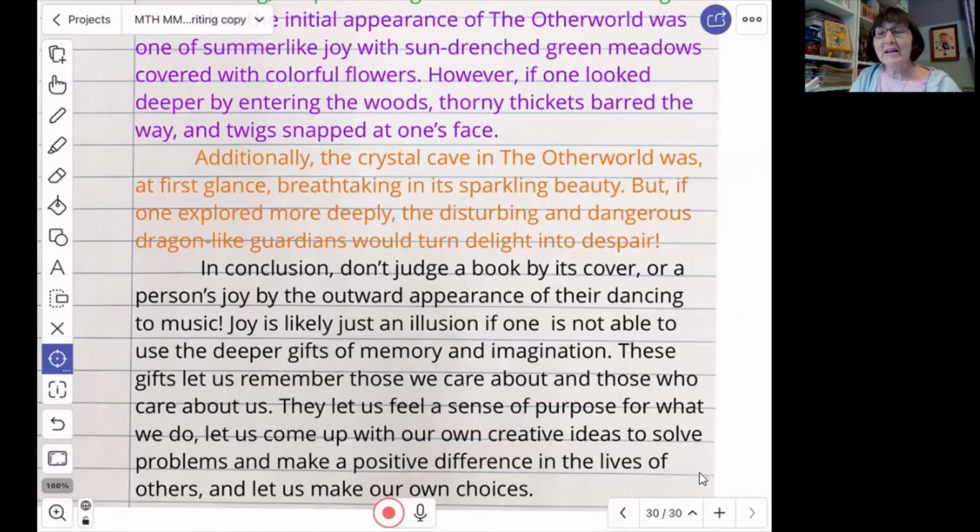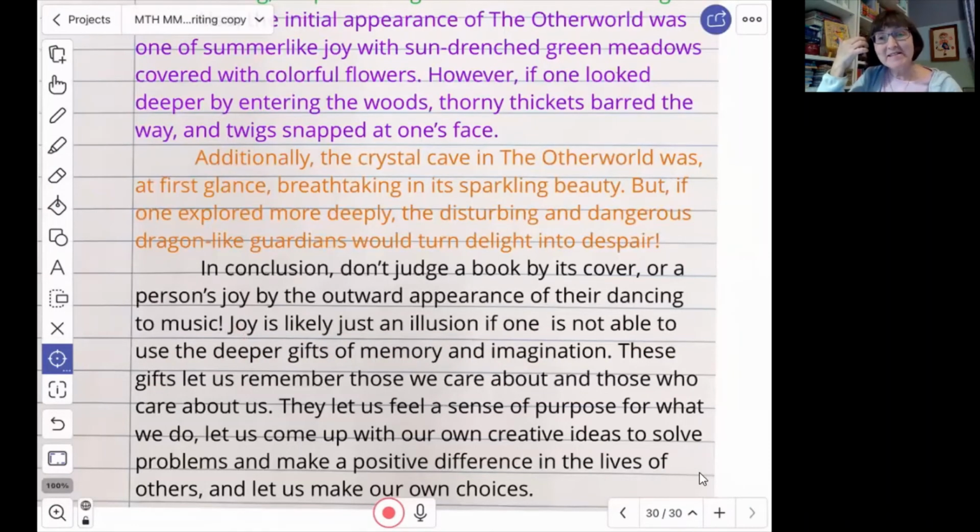That means you're only looking on the outside. You're not digging deeper and looking on the inside. Joy is likely just an illusion if one is not able to use the deeper gifts of memory and imagination. I use this word deeper here because we don't see our mind on the outside of our body, right?